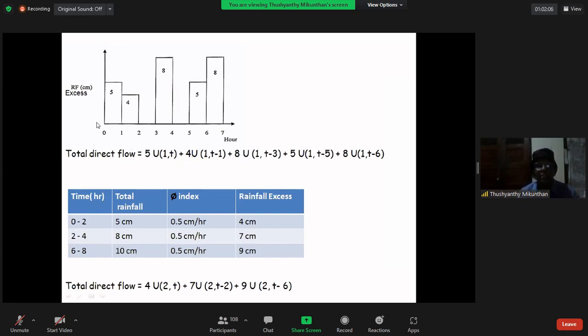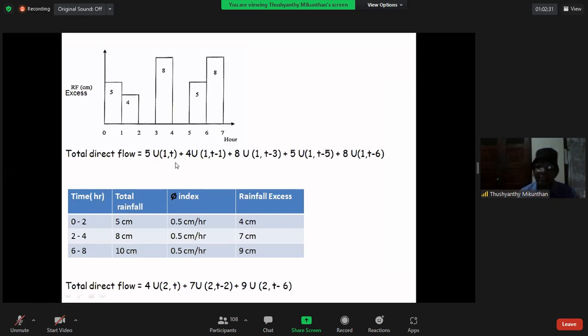Then the starting time here is t. What is the time here? t minus 1, here t minus 2. Immediately write t minus 1, t minus 2 in your answer paper itself.